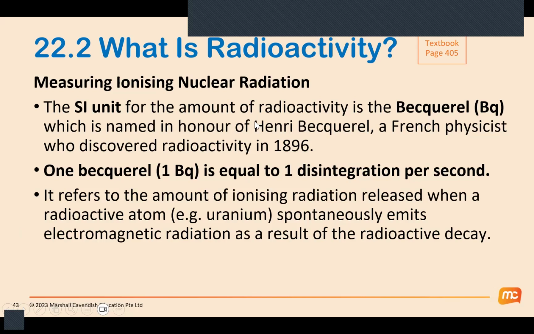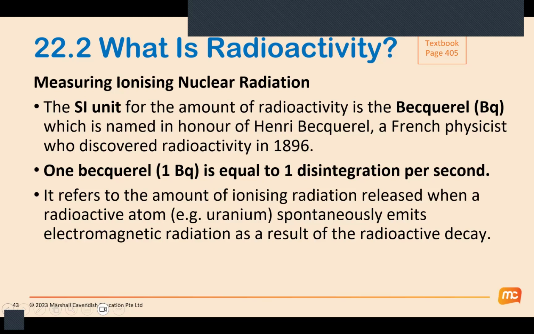The SI unit for the amount of radioactivity is the Becquerel, Bq, but we seldom use Becquerel. One Becquerel means one disintegration or one decay per second. But we rarely use this word Becquerel.